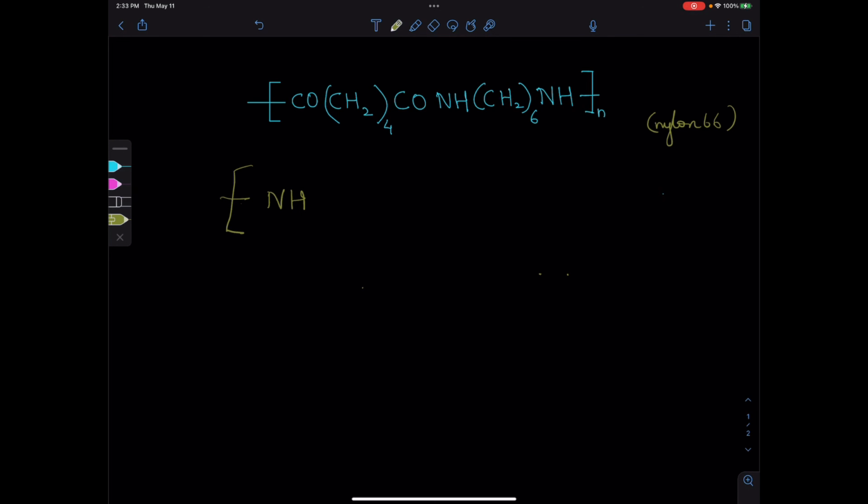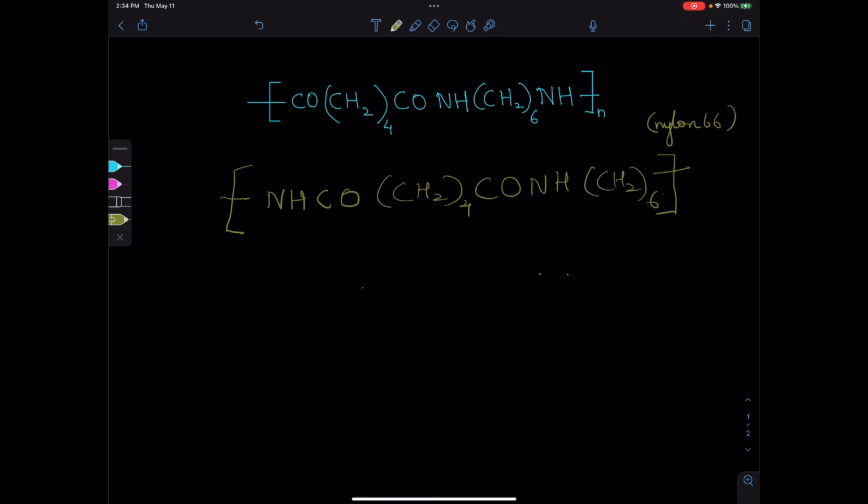So since CO will take precedence over the methylene group because the carbon is attached to oxygen, we move toward the left. So moving leftwards, we get NH, CO, CH2 4 times, CO, NH, CH2 6 times, and that's it.